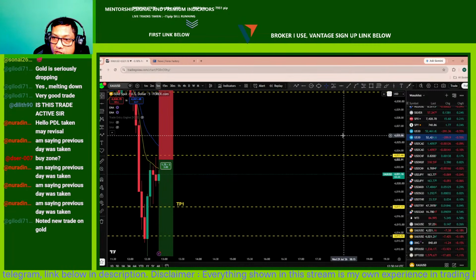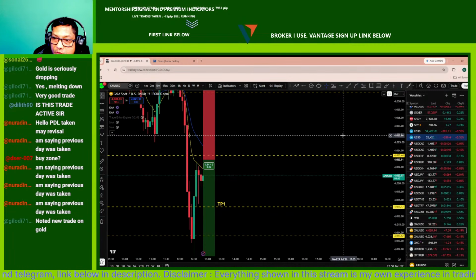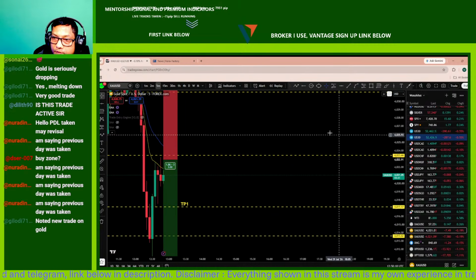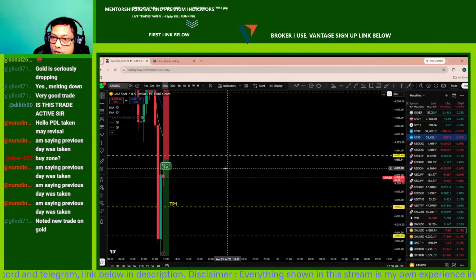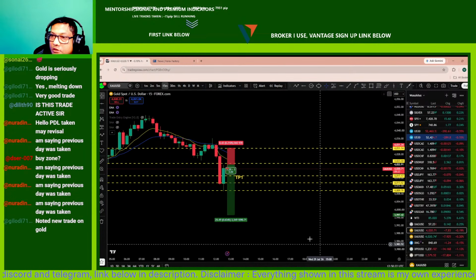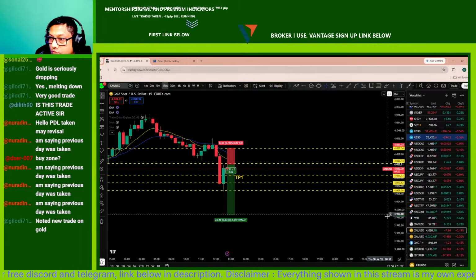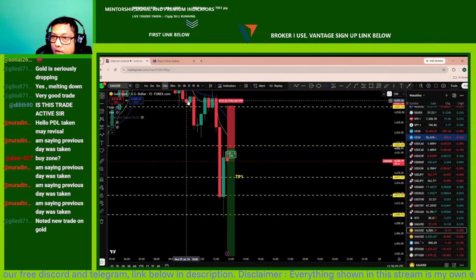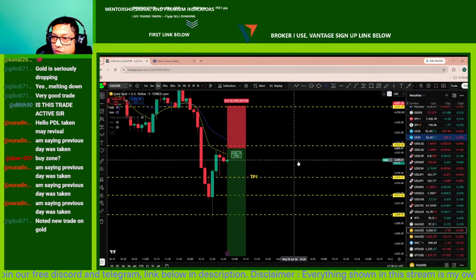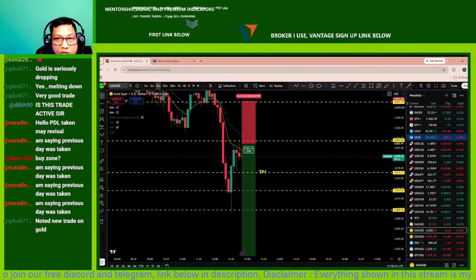This is the back-to-back 5 minutes bearish price action here. Now on the 15 minutes, the market still can come down a lot. If it breaks below, it can come down a lot.